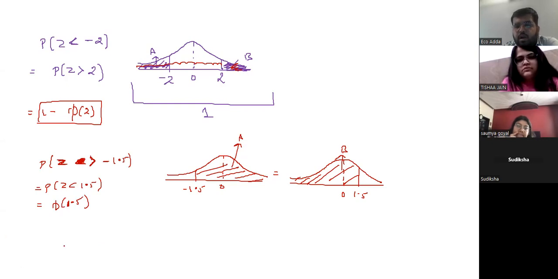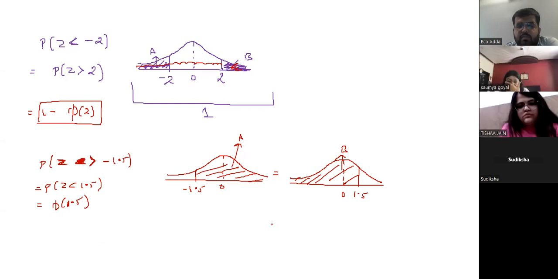Any doubts? So we don't have to show the 1 minus phi of z. The reason is that the value of z in the table is starting from 0, so we do not have negative values. Since we do not have negative values, we need to find positive values.